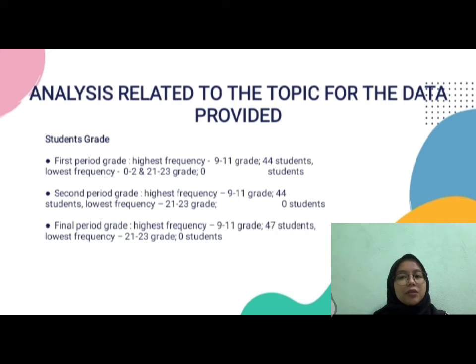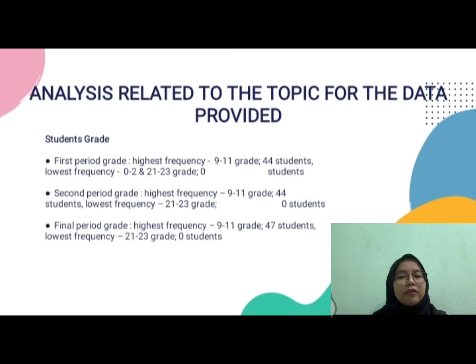The first one is student grade. There are 3 grades, which is first period grade, second period grade and final period grade. For first period grade, the highest frequency is 9 to 11 grade, which have 44 students, while the lowest frequency is 0 to 2 grade and 21 to 23 grade with 0 student.